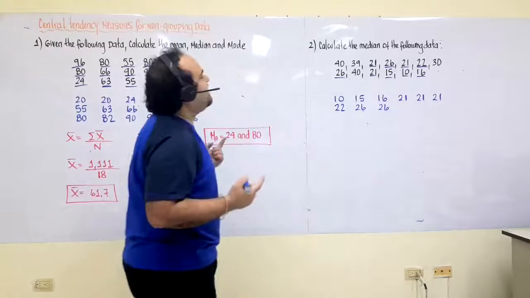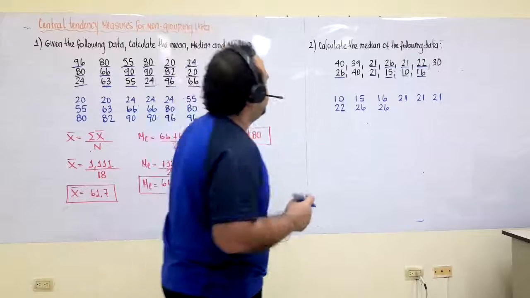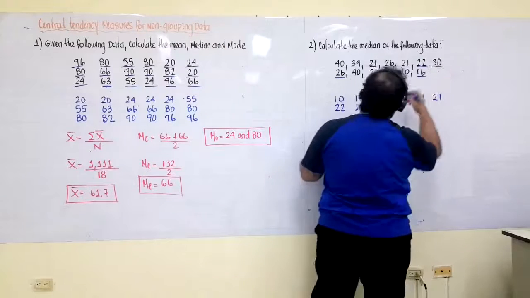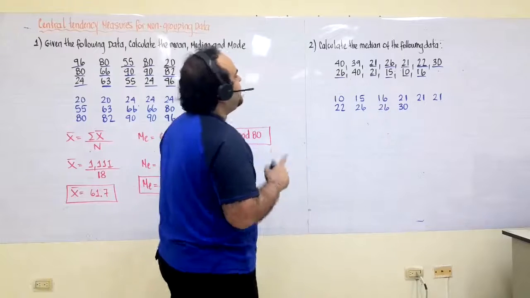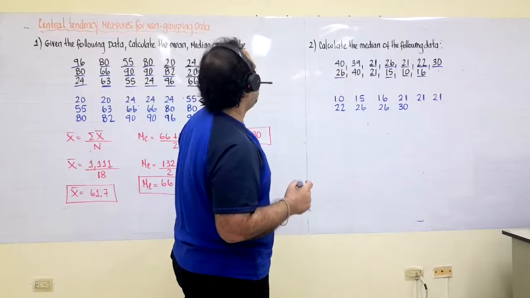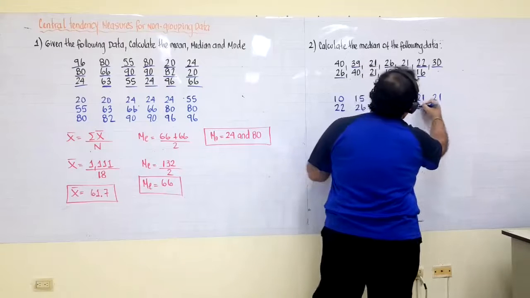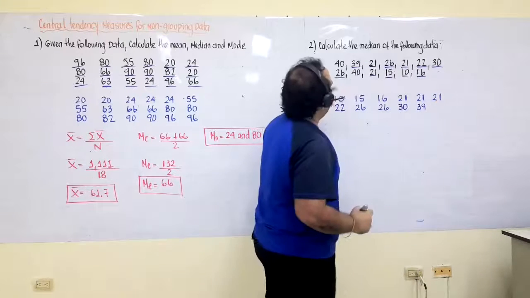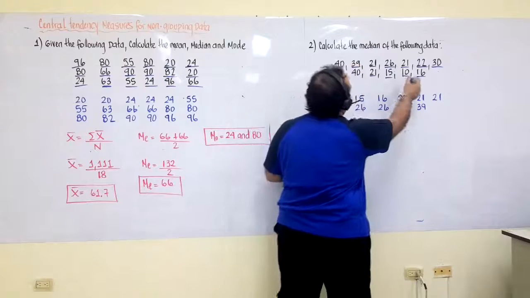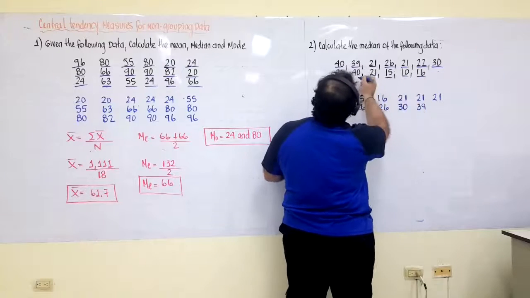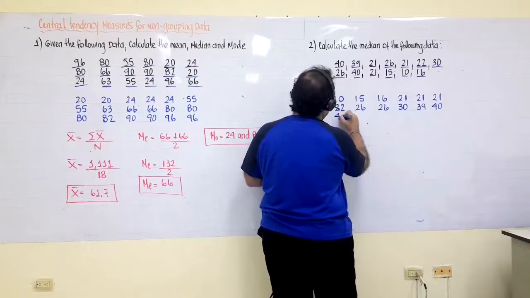After 26 will be 30. After 30 will be 39. After 39, the last one will be 40, and 40 was another one. Okay, 40 and 40.